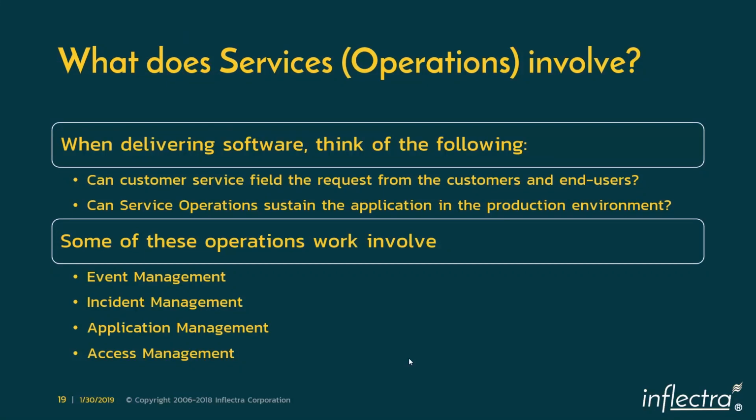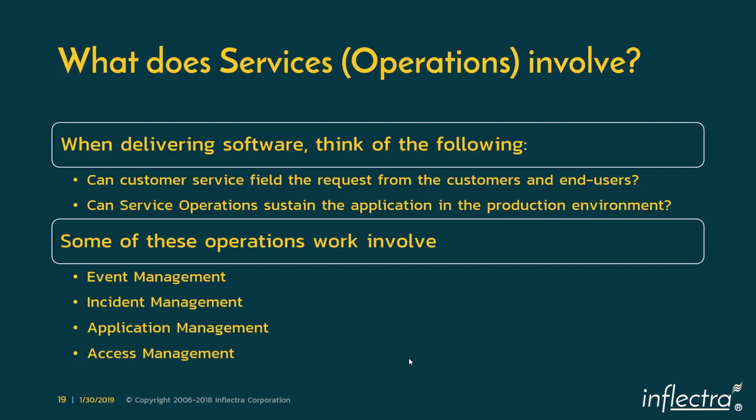As we come to the end, services or operations, what do they mean? When delivering a software, think of the following. Can the customer service field the requests from the customers and end users in the production environment? Can the service operations sustain the application in the production environment?